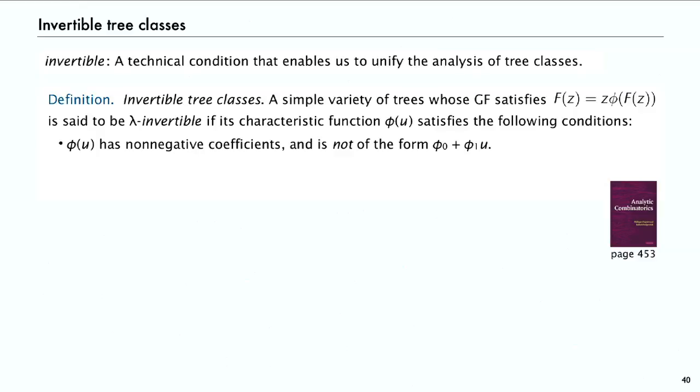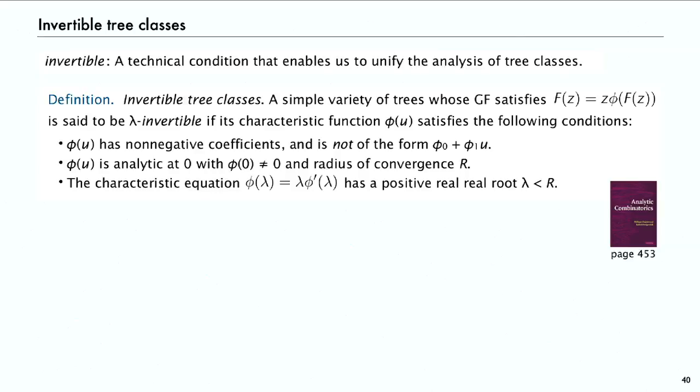So phi 0 plus phi 1 u would be trivial. It's got to be analytic, and it's got to have radius of convergence, and phi of 0 is going to be not 0. Those are just removing degeneracies. So here's the key technical condition. That we have what's called the characteristic equation. Phi of lambda equals lambda phi prime of lambda.